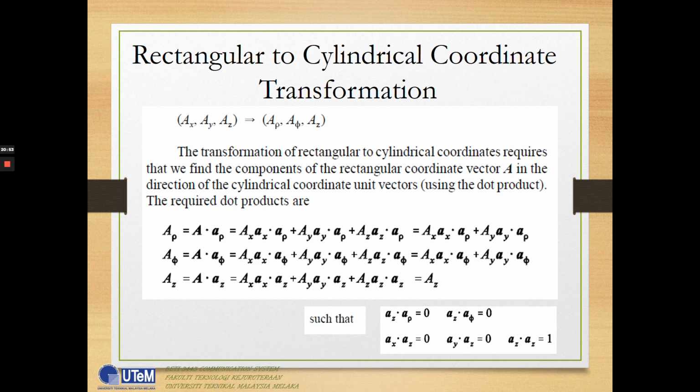Now we move into the transformations between different coordinate systems, from rectangular to cylindrical, or from spherical to rectangular, and so on. Here we first start with rectangular to cylindrical, where we have x, y and z values, and we will transform them to rho, phi and z.